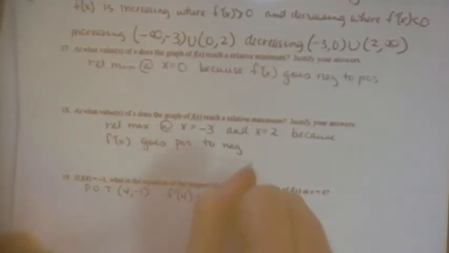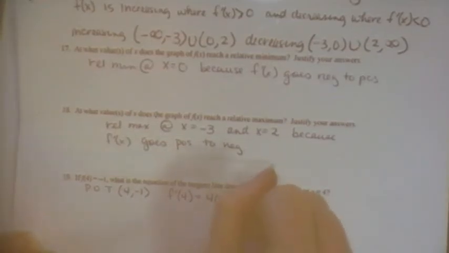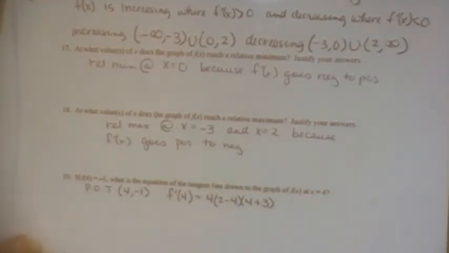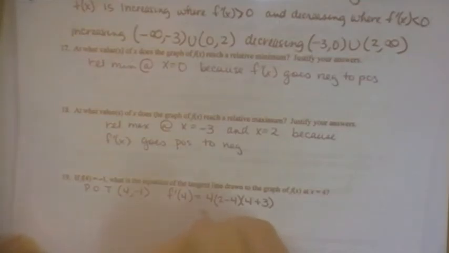Plugging into f prime, which is what they gave you at the top of the page, I'm plugging in 4. Negative 56.